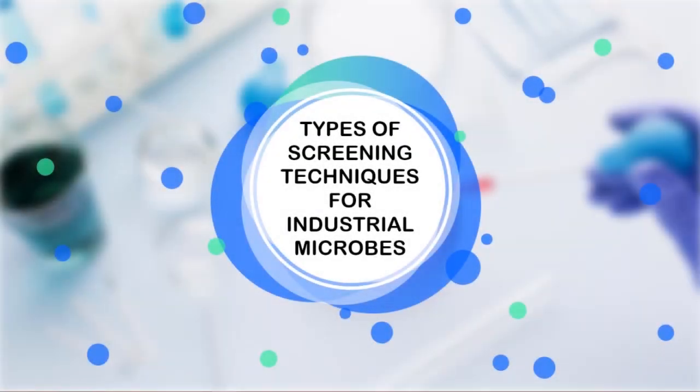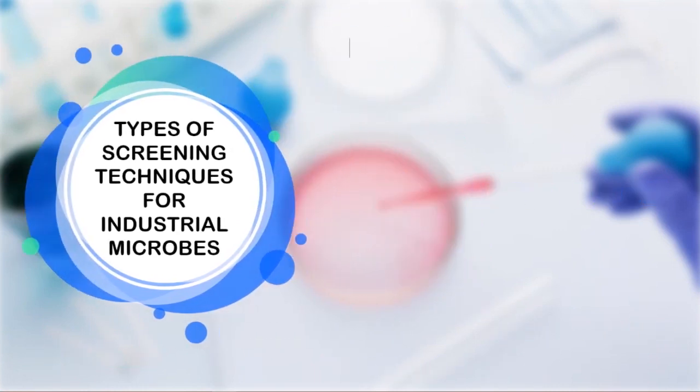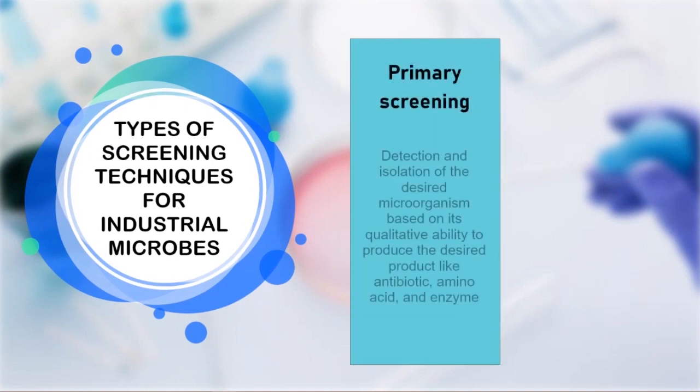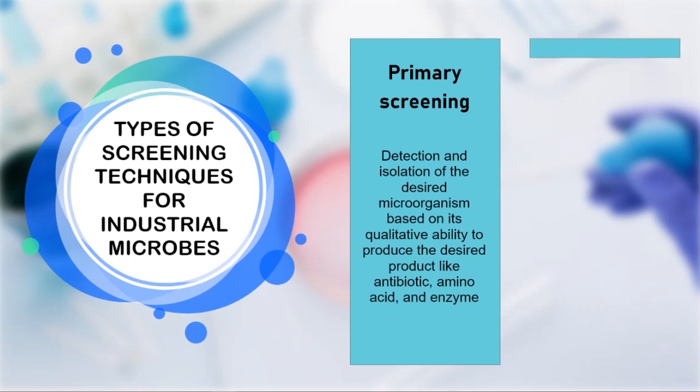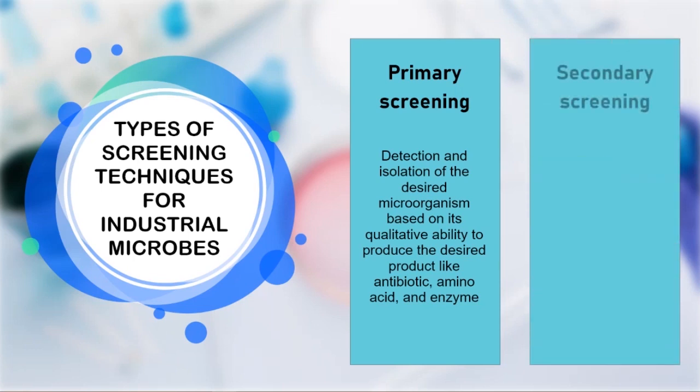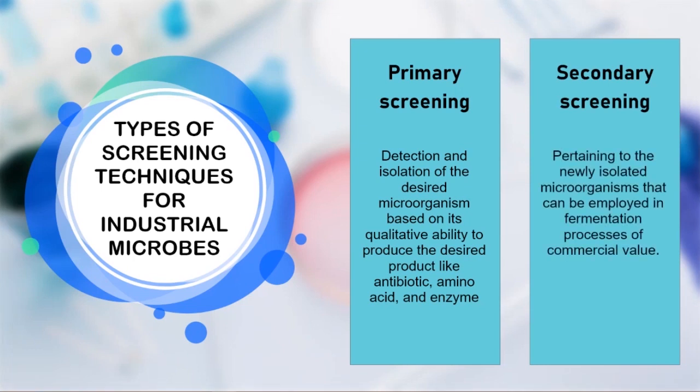Now I will talk about the types of screening techniques for industrial microbes. There are many types of screening techniques, but today I will only focus on two techniques, which are primary and secondary screening. Firstly, primary screening may be defined as the detection and isolation of the desired microbes based on its qualitative ability to produce the desired product like antibiotic, amino acid, and enzyme.